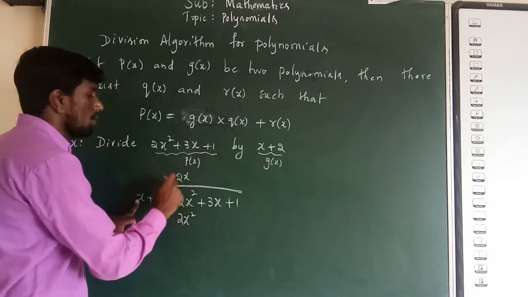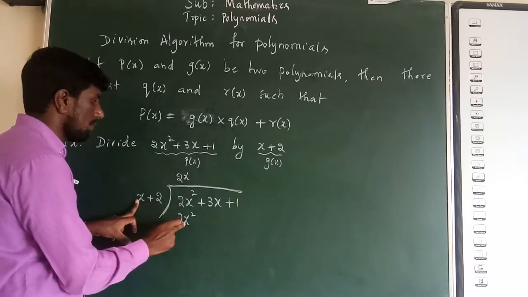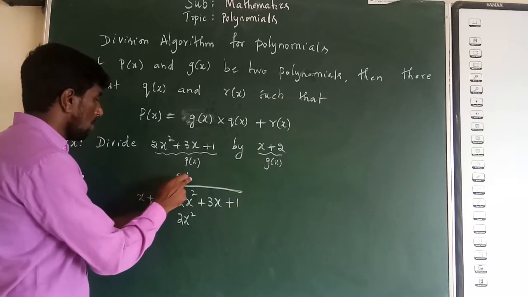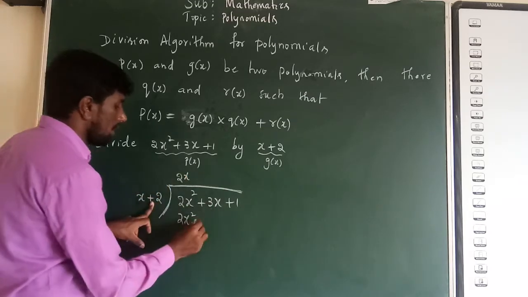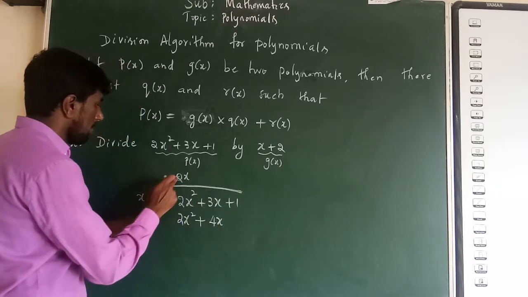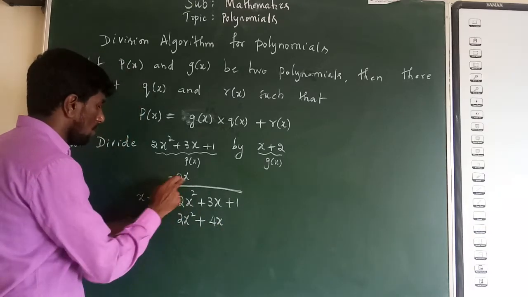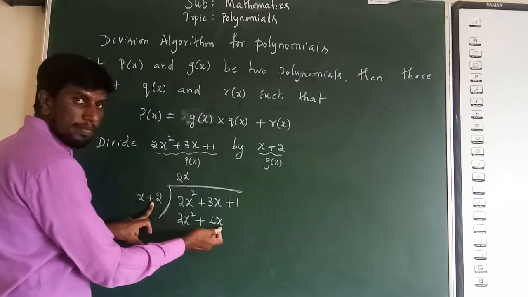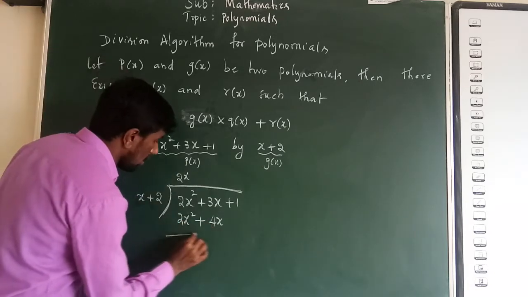I should multiply with 2x. 2x into x, 2x square. Now 2x into 2, 4x, because both are plus, plus into plus, 4x.